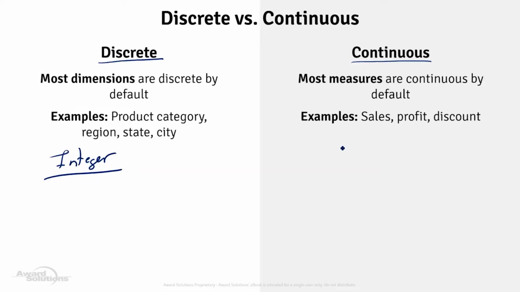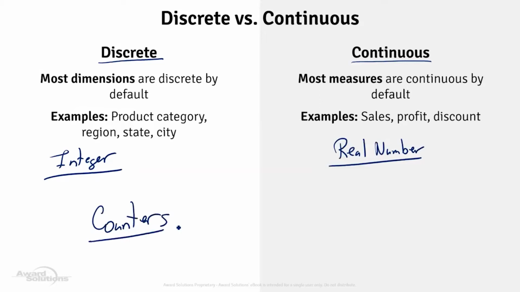So it's typically represented as a real number. In the telecom industry, a lot of counters have a fixed size, a fixed number of variables. But typically things like anything related to money is continuous.